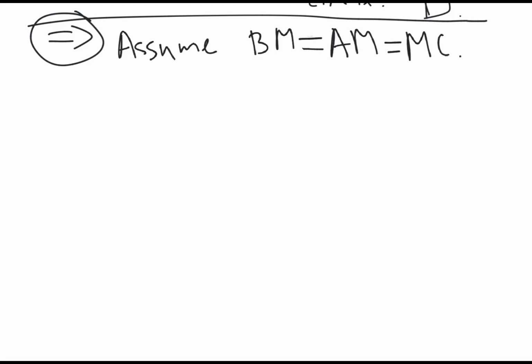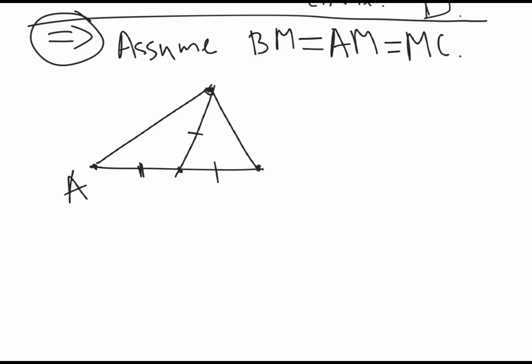So we have a triangle where these three segments are equal, and we need to prove that B is a right angle.